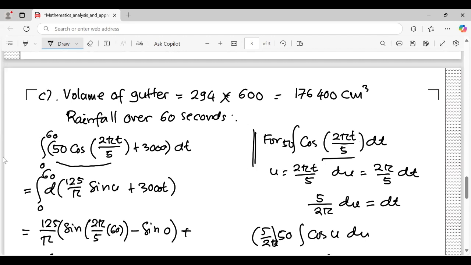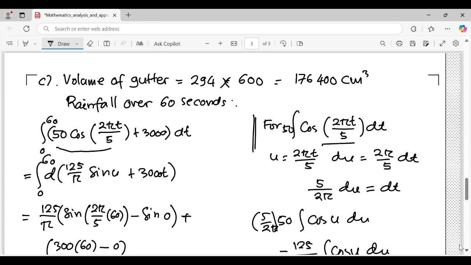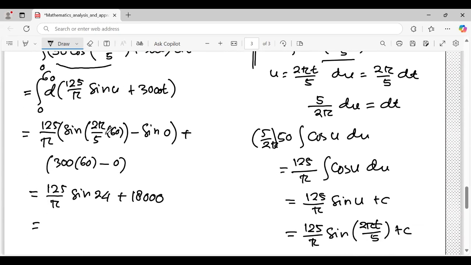So 60 times 3,000 is 180,000, and if you calculate, this becomes 180,038.5 centimeters cubed.